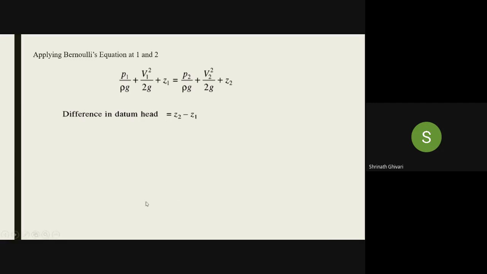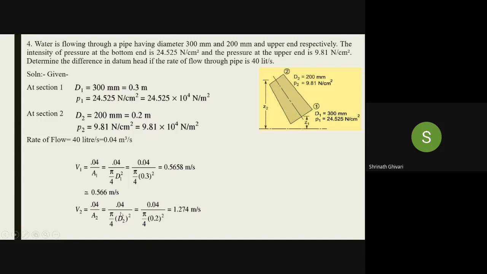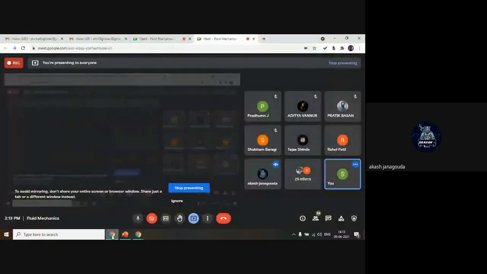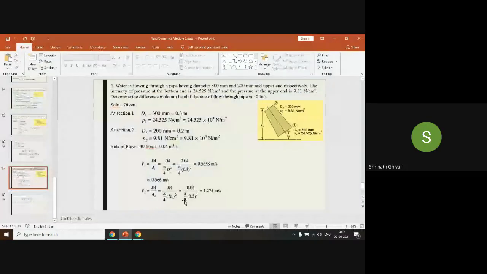What is the value of datum head? If you want the values, they are here. Sir, 14.93. Z2 minus Z1. Wrong. Try once more. You have the value here. Check.